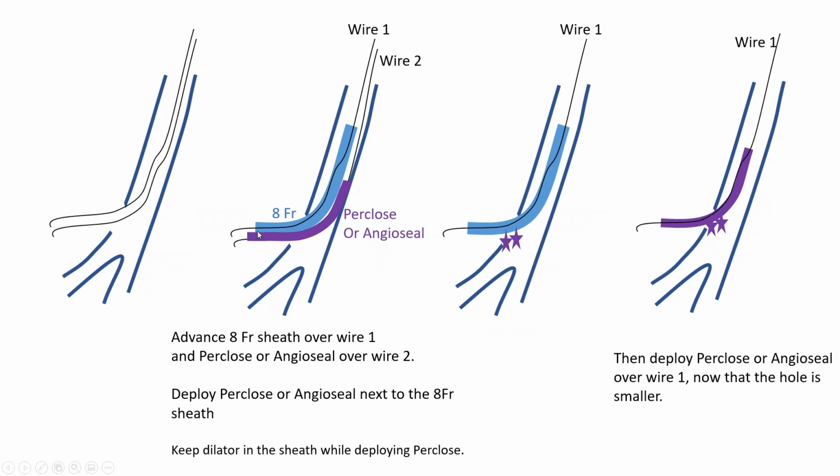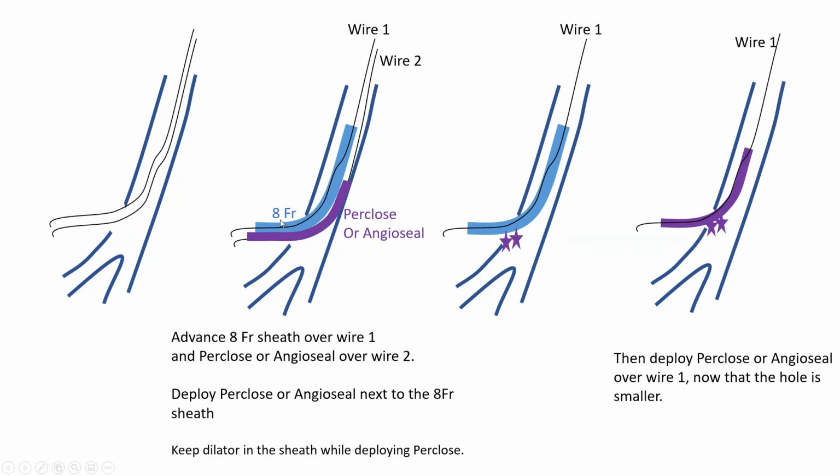Okay, so you advance the 8 French sheath and 8 French Perclose or Angio-Seal. Then you deploy the Perclose or Angio-Seal where that 8 French is in place with its wire. Then after you close this area, now the hole is narrow for that sheath. Then over that wire 1, you deploy another Perclose or Angio-Seal.